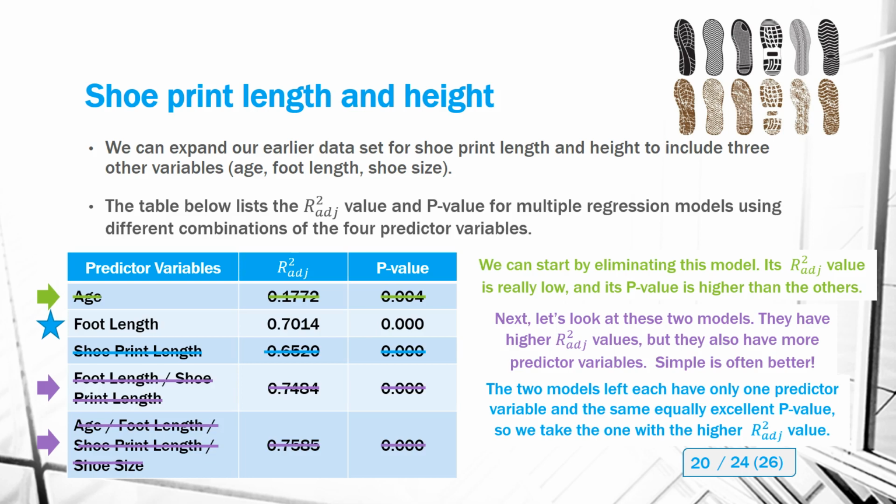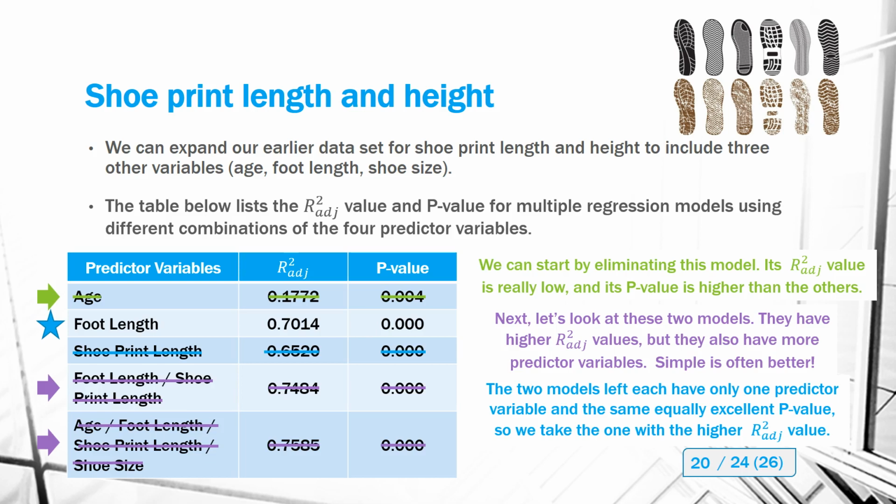Now, looking at this model by itself, foot length and height. What do you think the difference is between a model that's using those two variables, and the model we made earlier that's using shoe print length and height? Probably not a whole lot of difference. There's probably really strong correlation between foot length and shoe print length.